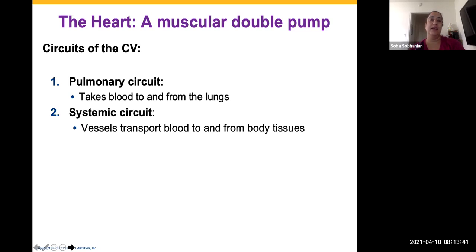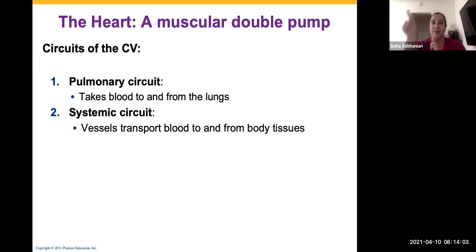One of these is referred to as the pulmonary circuit. Pulmonary simply means your lungs. So the pulmonary circuit starts from the heart, goes to your lungs, and then comes back toward your heart.